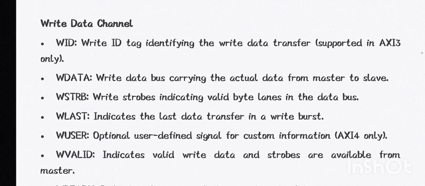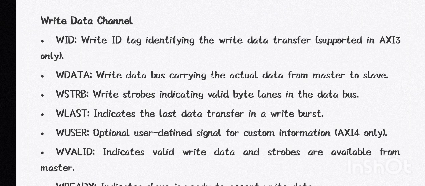Write data channel. WID is the write ID tag to identify the write data transfer. WDATA is the write data bus carrying the actual data from master to slave. WSTRB is the write strobe indicating valid byte lanes on the data bus. WLAST indicates the last data transfer in a burst.